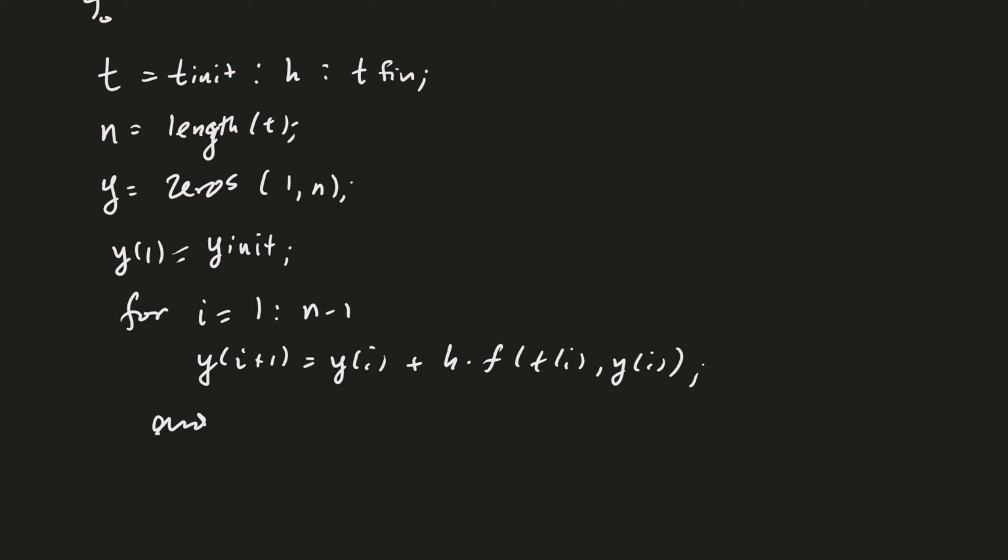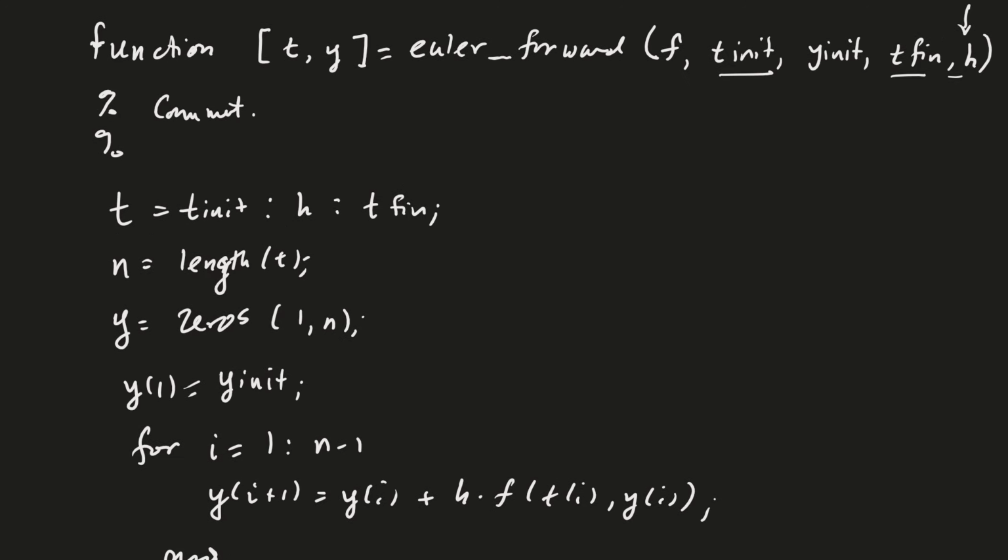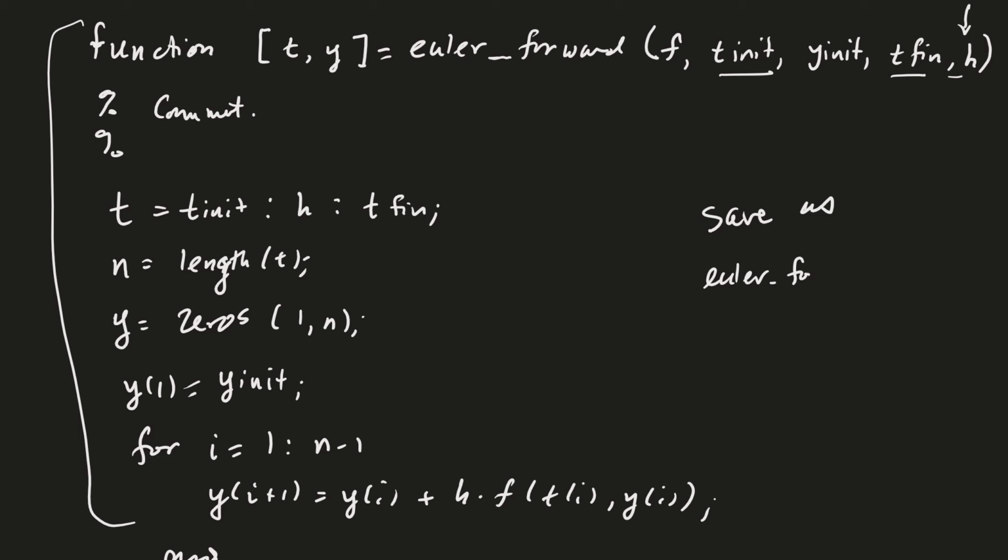Okay, so you would type this in and save this file as the file Euler_forward.m.